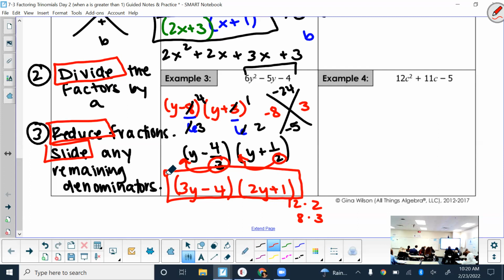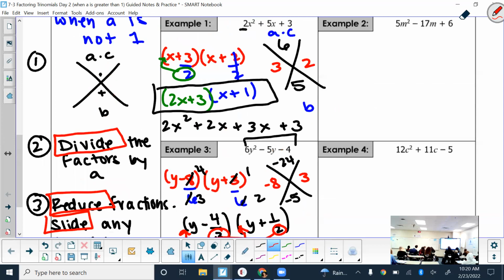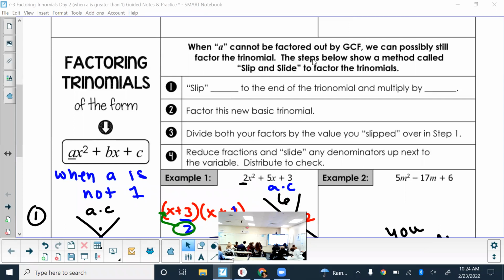All right, then try example 2 and 4. It says when A cannot be factored out by a GCF, so you really should always be checking for a GCF first, you can still possibly factor the trinomial. They call it slip and slide. It's the same thing we're doing.